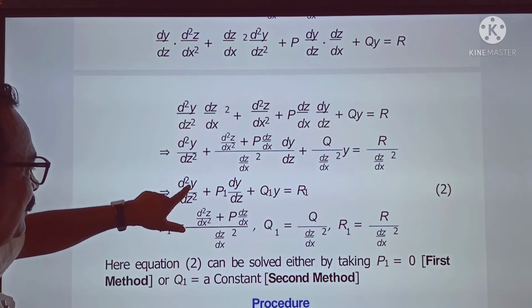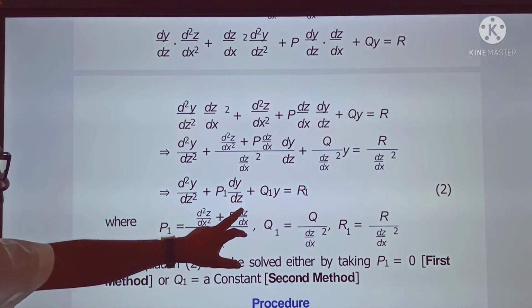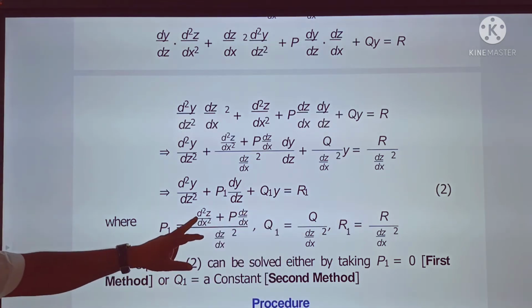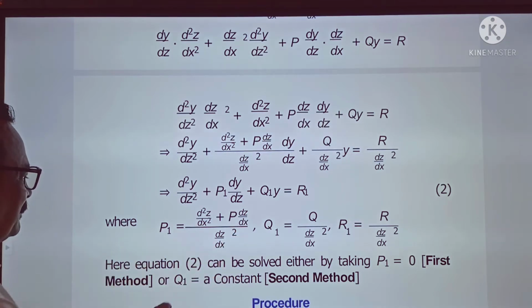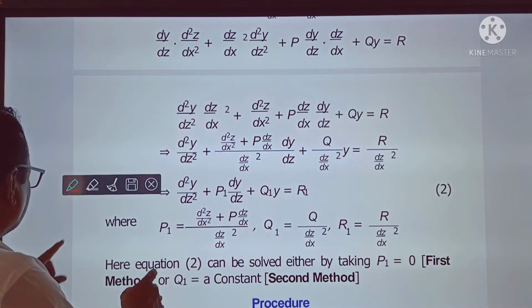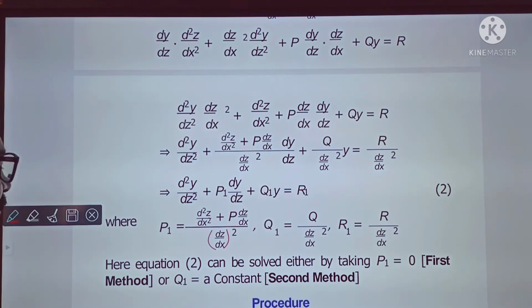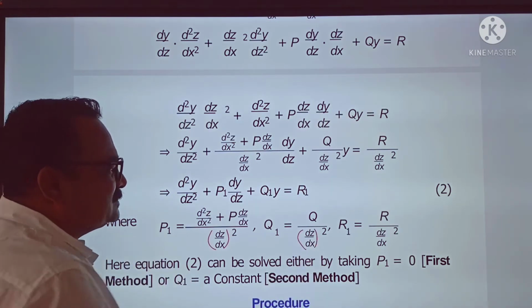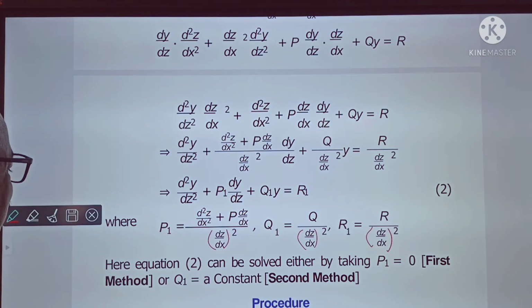The equation 1 becomes d2y by dz square plus p1 dy by dz plus q1y is equal to r1. p1 is d2z by dx square plus p into dz by dx divided by dz by dx bracket square. This is dz by dx bracket square. q1 is q upon dz by dx bracket square and r1 is r upon dz by dx bracket square.